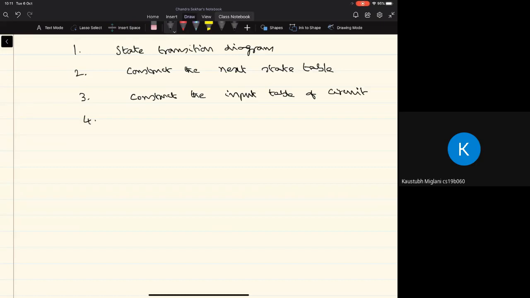Then the next step is finally obtain the Boolean expressions for the inputs of the different flip-flops in the circuit. Okay, I just wanted to keep a note of this. We'll come back to each of these quickly.